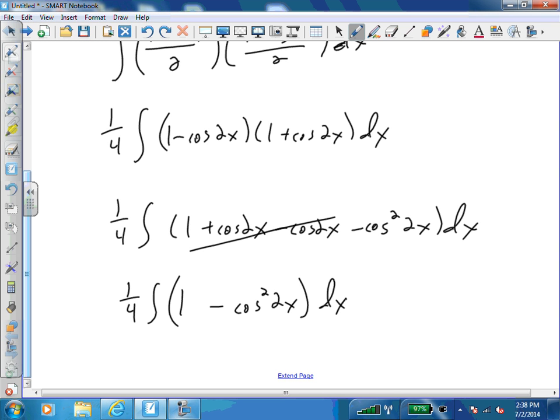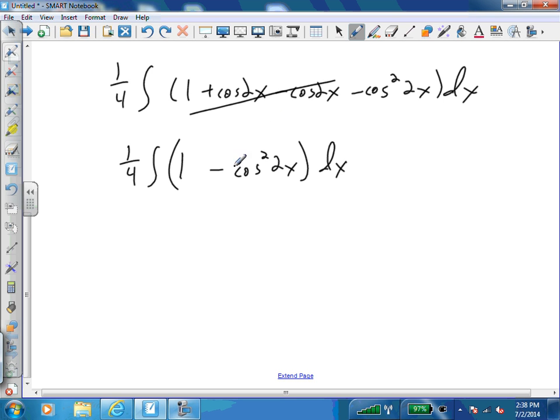And what they say is once we use these identities, we want to continue to use them until we end up with an odd number of cosines. This first part, we can do this integral. But here we still have an even number of cosines, don't we? Let's use this identity again with this. Our identity again was that cosine squared, and let me change our letter, let's call it cosine squared theta, is 1 plus cosine 2 theta over 2.